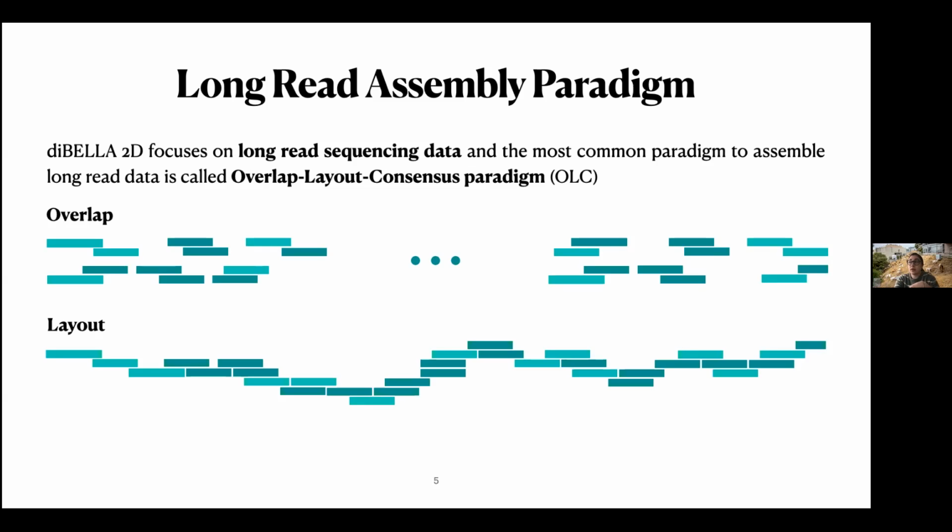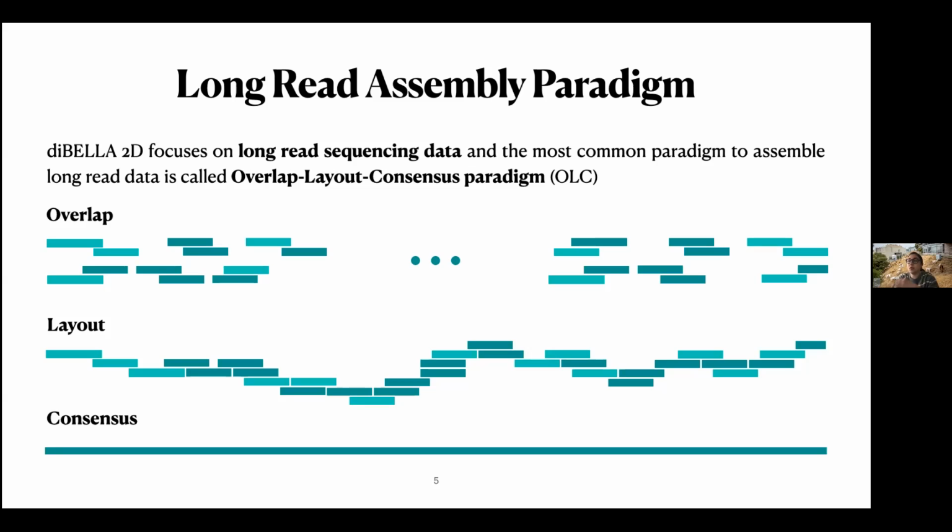Then in the layout step, you try to arrange these overlaps in such a way that you have a meaningful structure. Like in this case, we can see that they connect to form a linear sequence. And in the consensus step, you want to merge this into the layout.